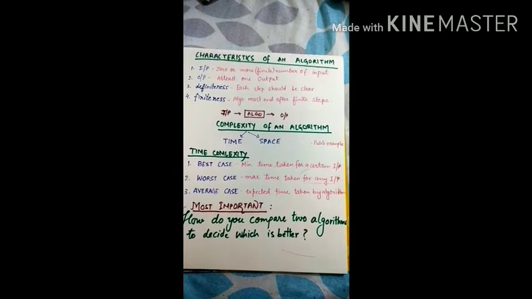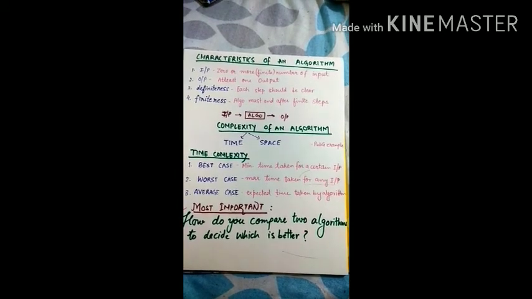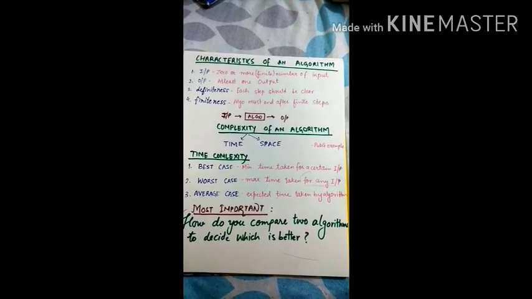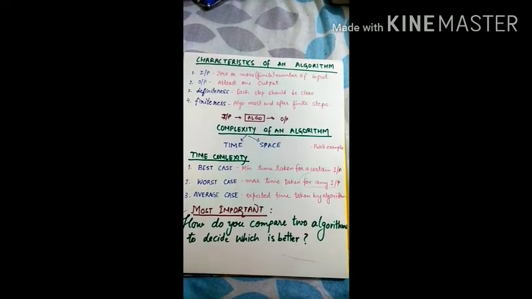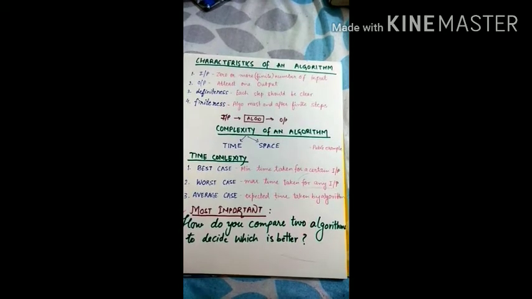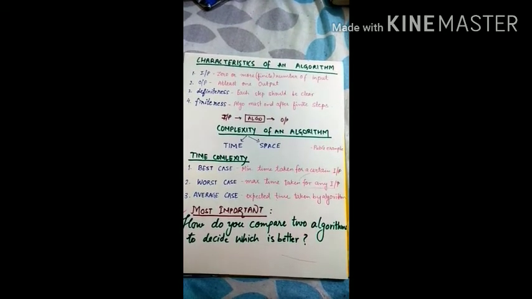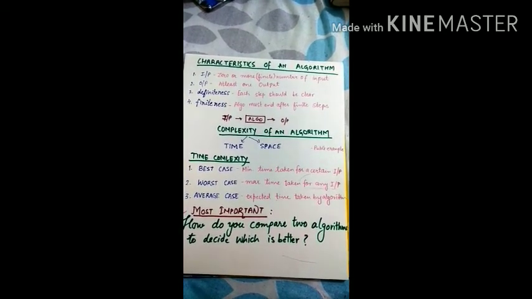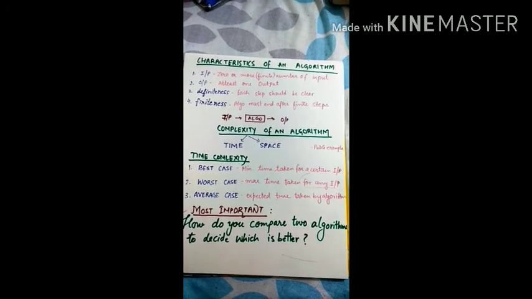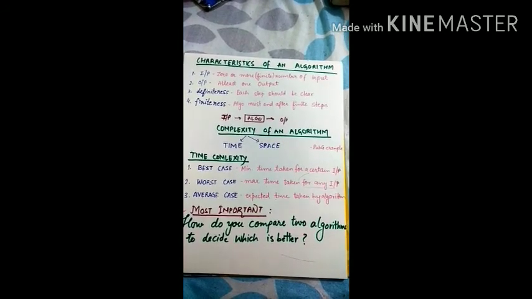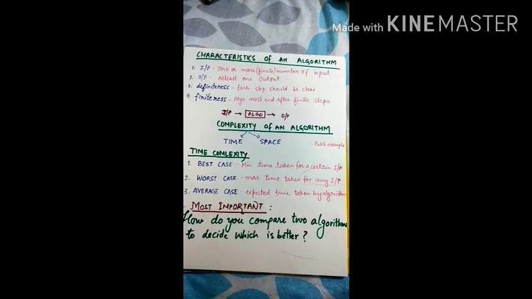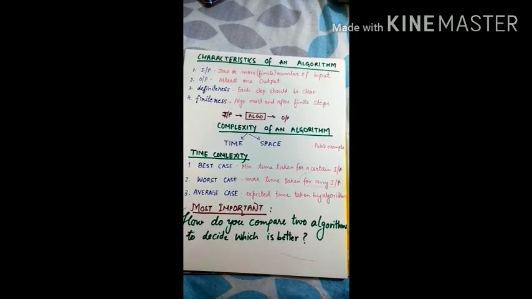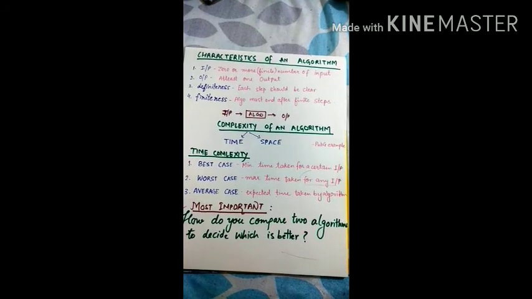For example, if I want you to arrange the given 10 numbers in ascending order, so I give you all the 10 numbers. If I already give you the numbers in ascending order, you will require very little time to give me the answer, or to give me the output. That is the best case. That is, the algorithm will take minimum time. In case of insertion sort, which is a sorting technique that arranges the numbers in either ascending or descending order.